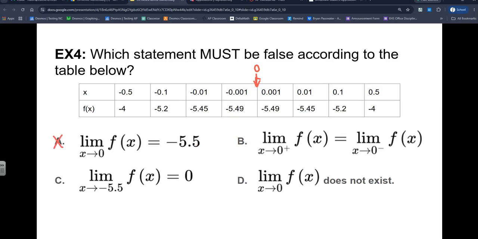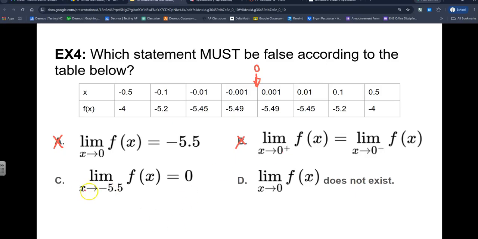So that would not work. The limit from the left and the right of 0 equal each other. Well, that also looks like it's probably true, right? It looks like this is true, which would make B true. So it looks like it's probably true.